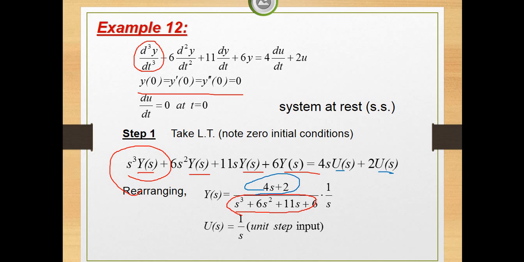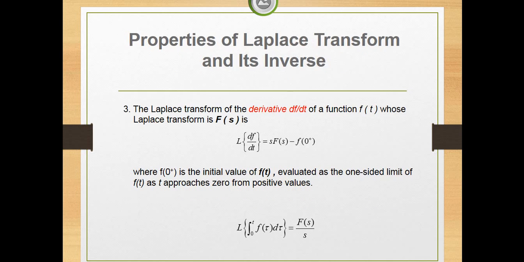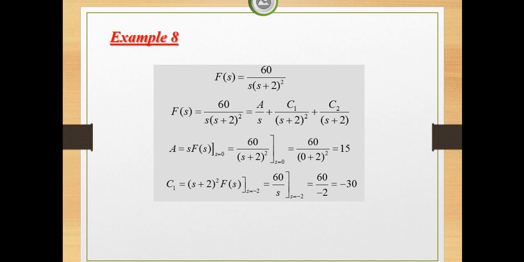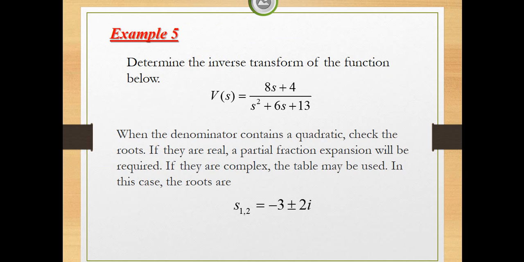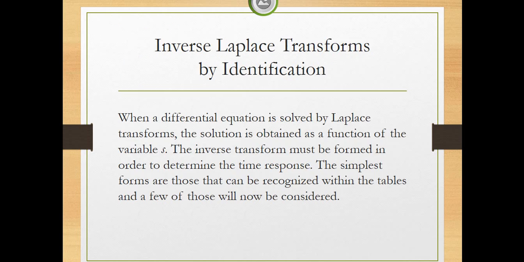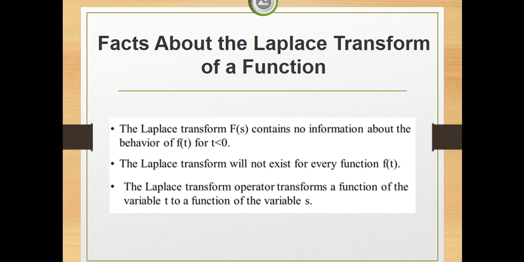Now, where did this particular 1 over s come from? I'd like to go back to the table which I showed you at the start of the topic. It's actually a function that you will encounter in controls, and I have partly introduced it here.